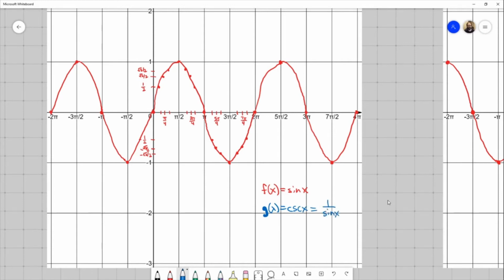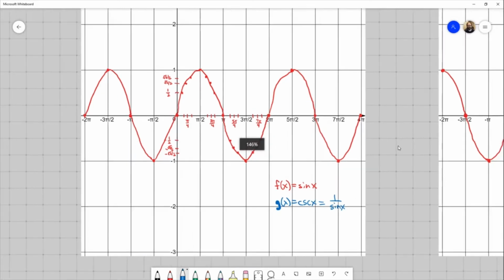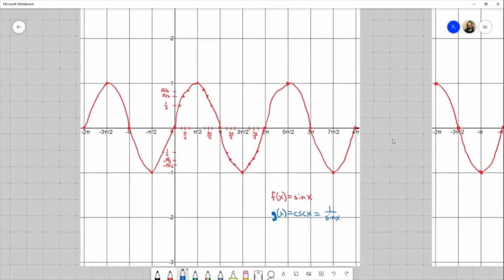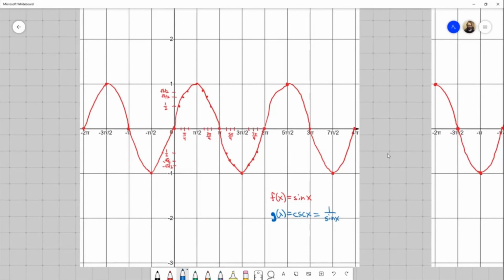And using some of the ideas we had when we drew the graph of tangent, though I'm not going to focus as much on the details here, we have a fractional expression here, 1 over sine of x. Wherever that denominator is 0, we're going to have a vertical asymptote. So wherever the graph of sine is 0, the graph of cosecant is going to have a vertical asymptote.